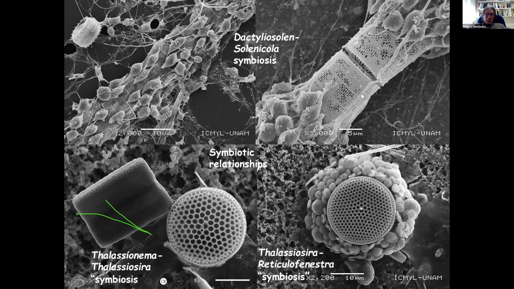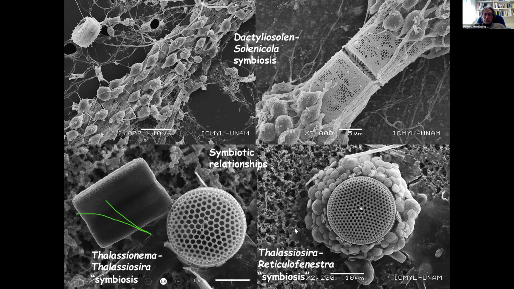So we found this, but also this very strange combination of Thalassionema nitzschioides joining Thalassiosira in this special symbiosis. We don't know if this is just a miracle or something, but this Thalassionema is attached to the Thalassiosira. So this is very strange.